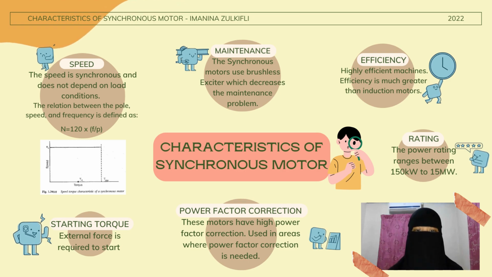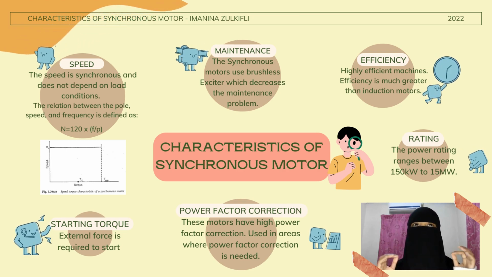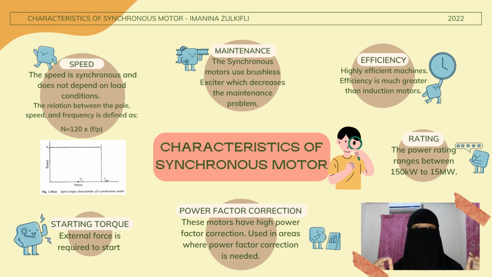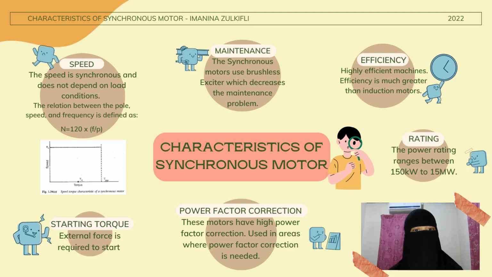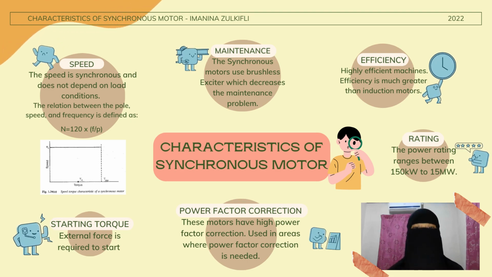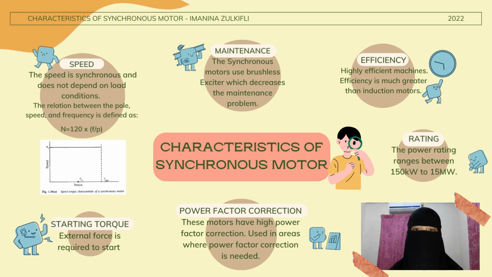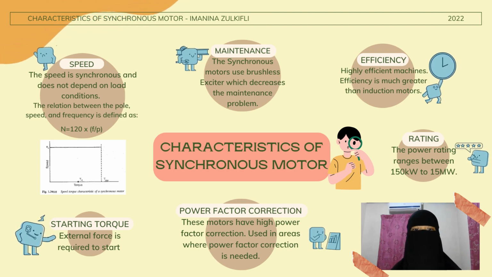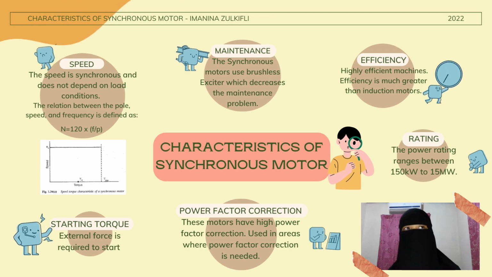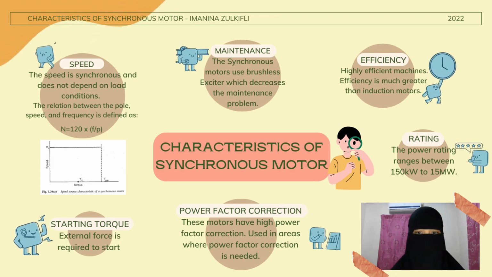Hence, they are used in areas where power factor correction is really needed. Power factor correction is a technique which uses a capacitor to reduce the reactive power component of an AC circuit in order to improve its efficiency and reduce the current.